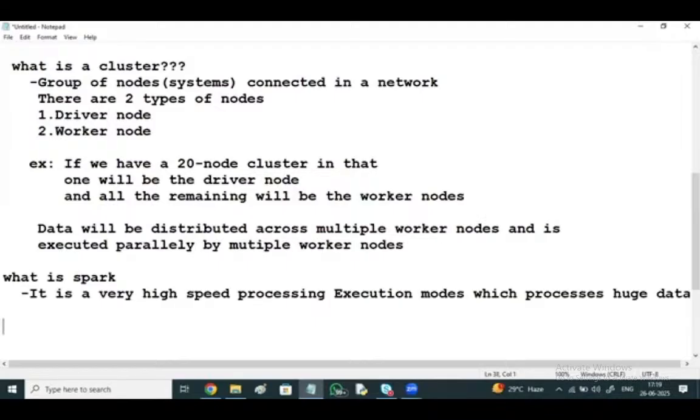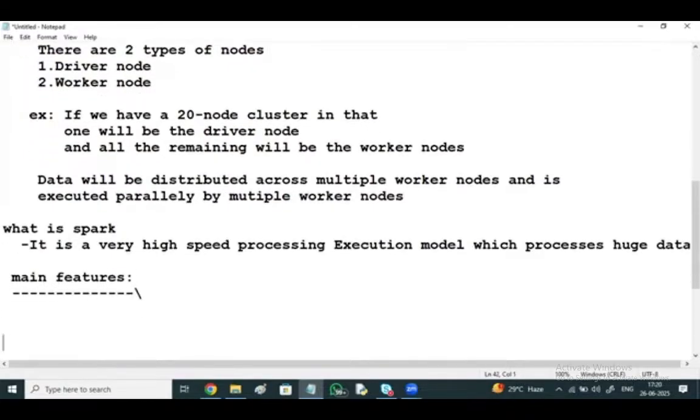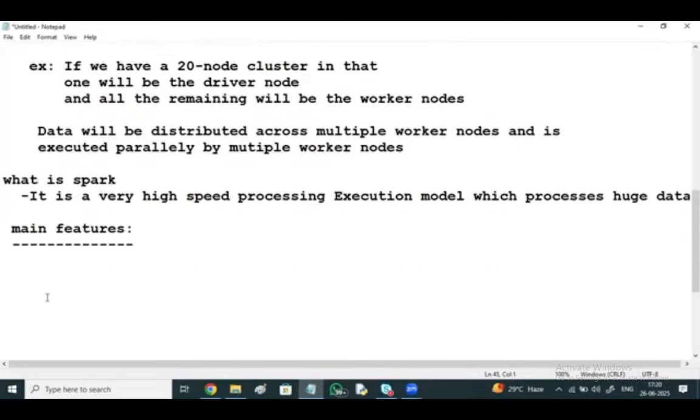Later I will discuss the features one by one, but the main features are, first, in-memory computation, and secondly, massive MPP.